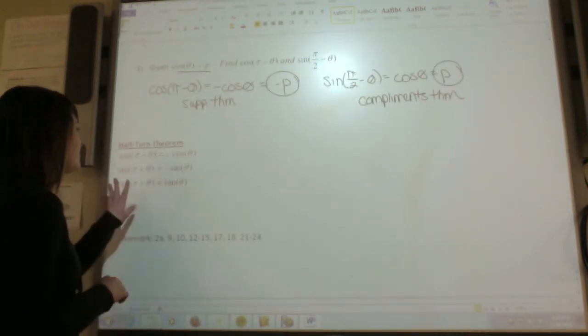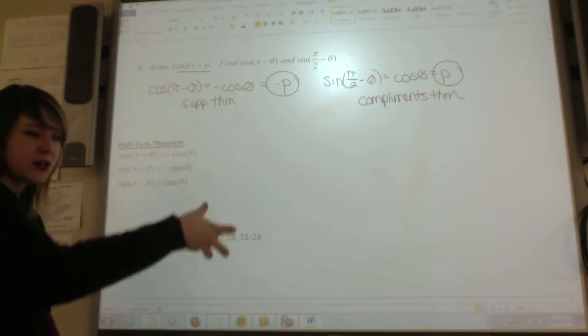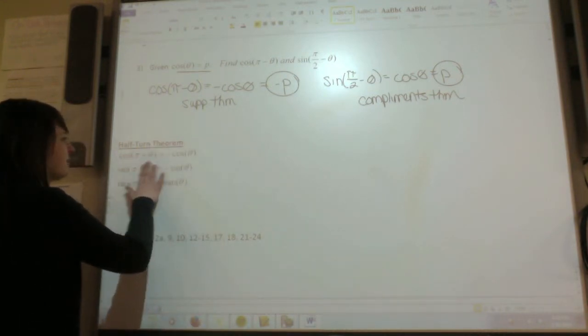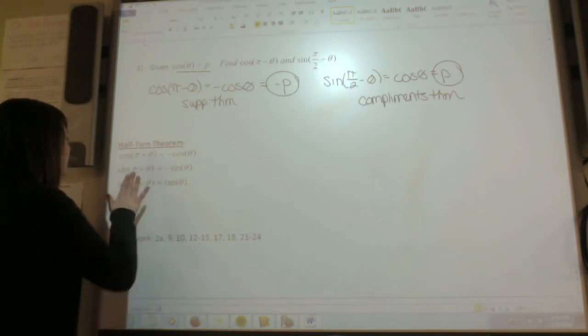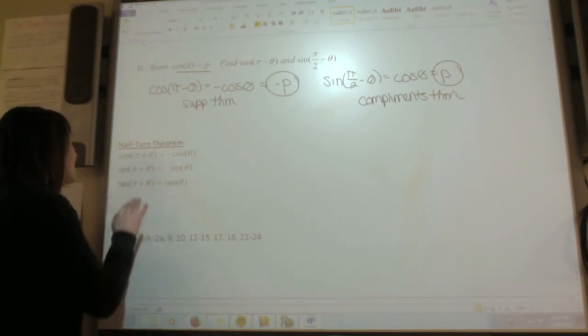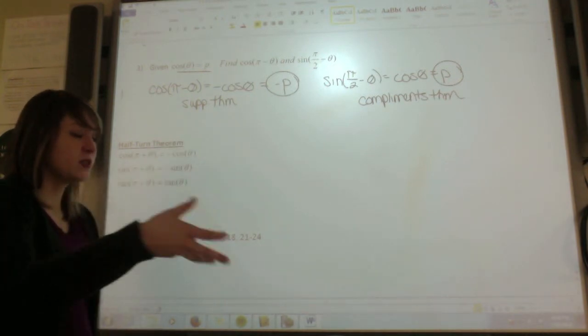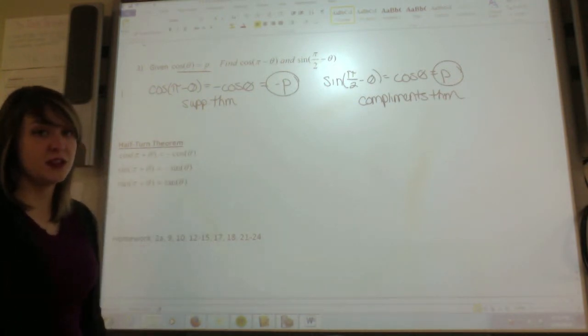We also have the half-turn theorem, and that's just saying if I were to turn this 180 degrees, what would happen? For the cosine function, you would get the negative cosine. For the sine function, you would get the negative sine. And for the tangent, you would just get the tangent, because when you rotate 180 degrees, you get the same exact thing for the tangent.